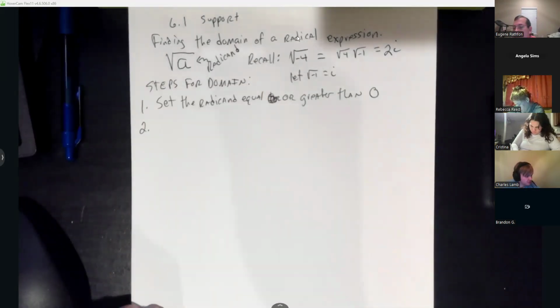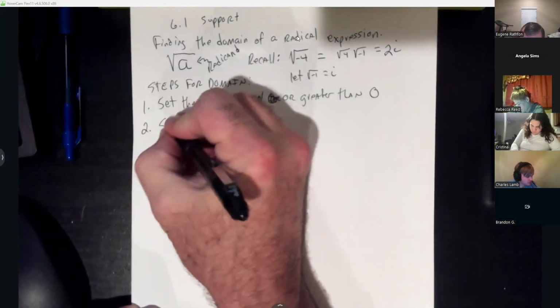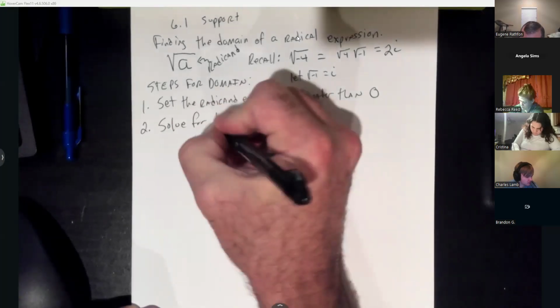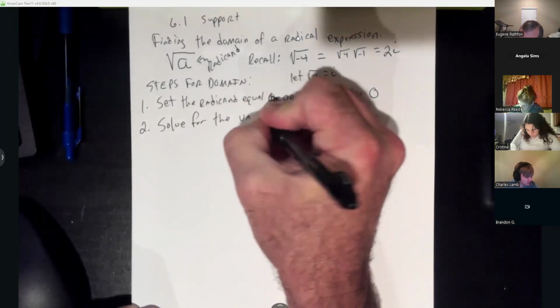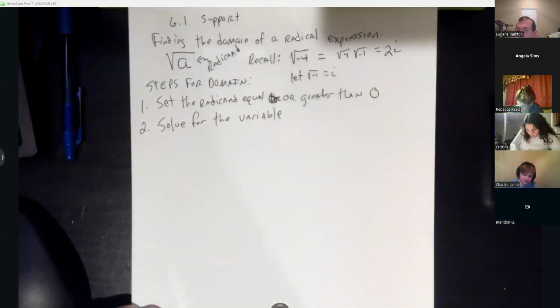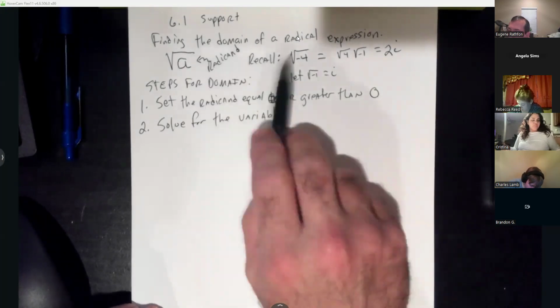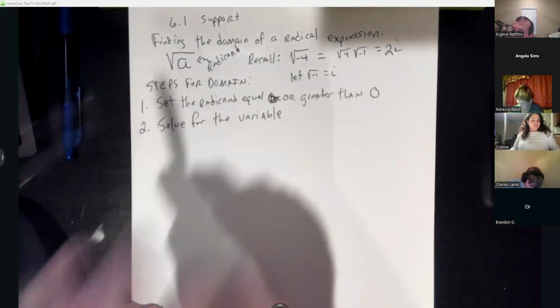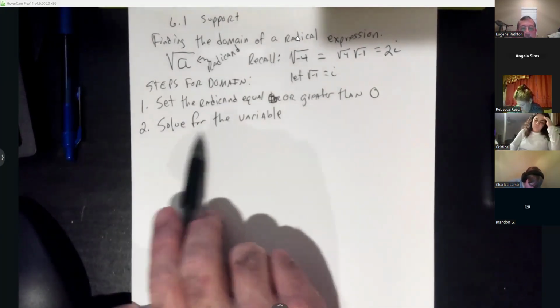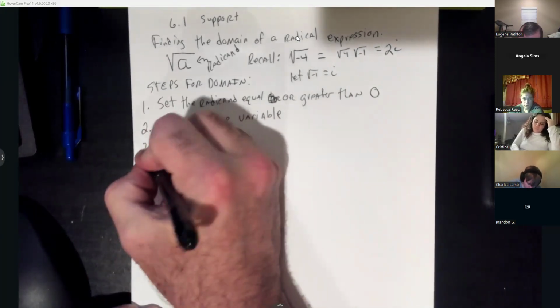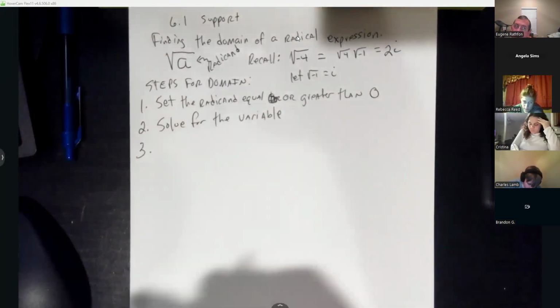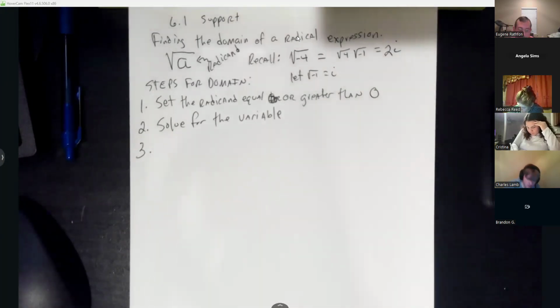Then we're going to solve it for the variable. Now here's the thing. If there's stuff outside that radical, I don't care. It's got to be under the radical, okay, y'all? So once we solve for the variable, in this section, we're going to learn a new way to write our answers.